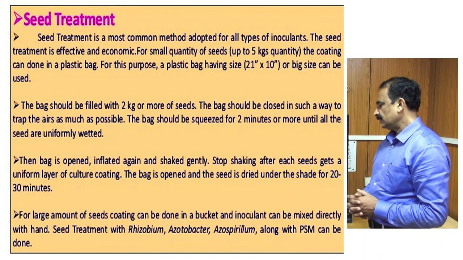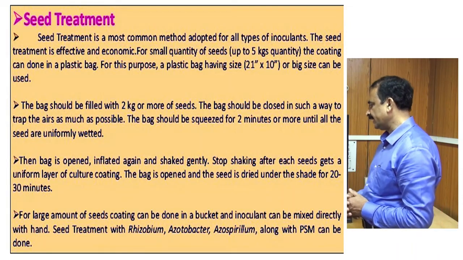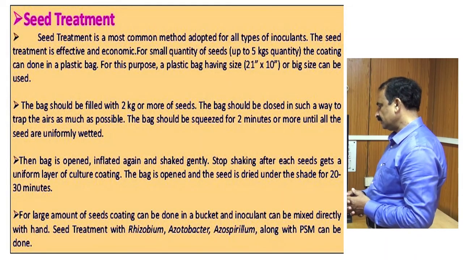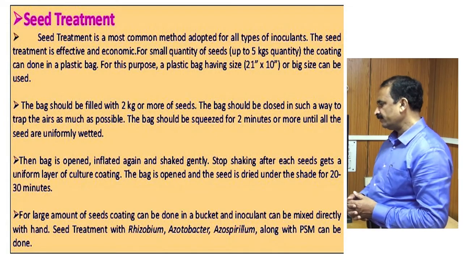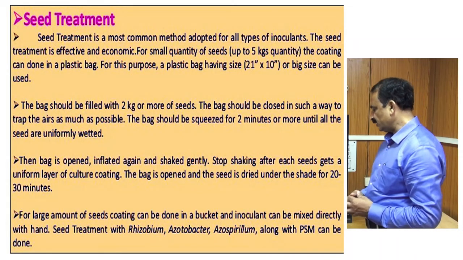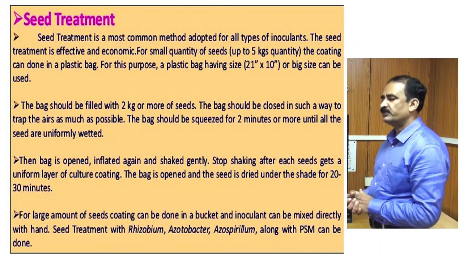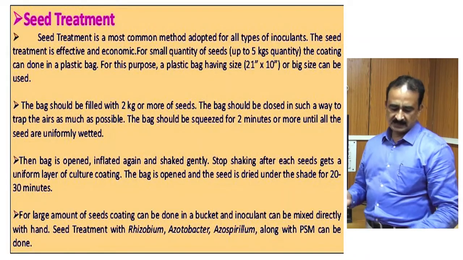Then apply in the field. For a large amount of seed, coating can be done in a bucket, and the inoculant can be mixed directly with the hands. Seed treatment with Rhizobium, Azotobacter, Azospirillum along with phosphate solubilizing bacteria can be done with the same method.